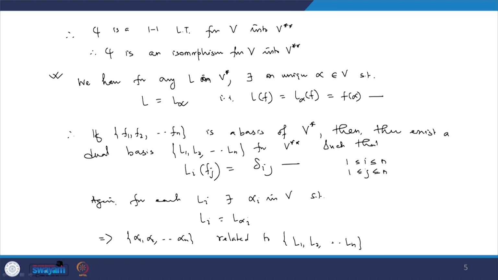Now, if L1, L2, Ln is linearly independent, certainly alpha 1, alpha 2, alpha n will be linearly independent, and that is straightforward because psi is 1-1. So, suppose L1, L2 are linearly independent and alpha 1, alpha 2 are not independent, meaning they are dependent, you will get a contradiction, psi carrying a non-zero vector to 0.